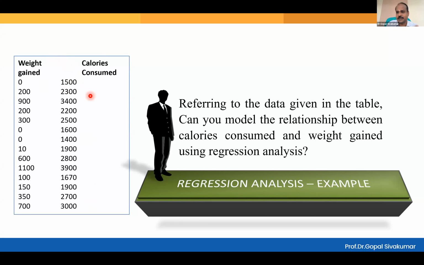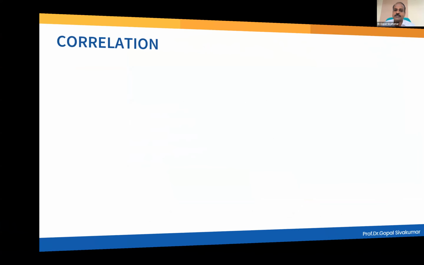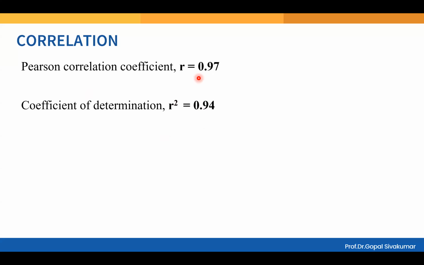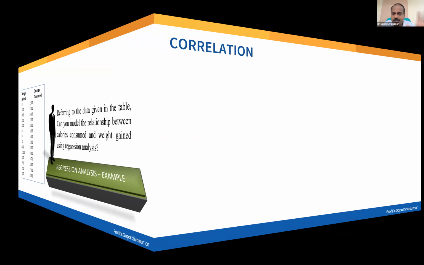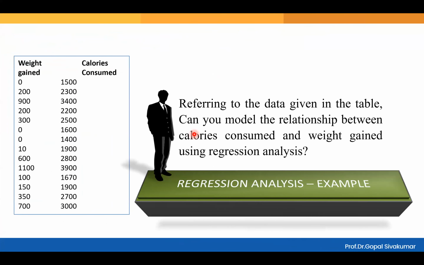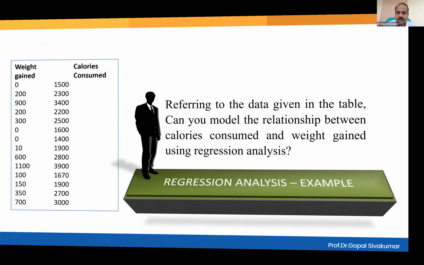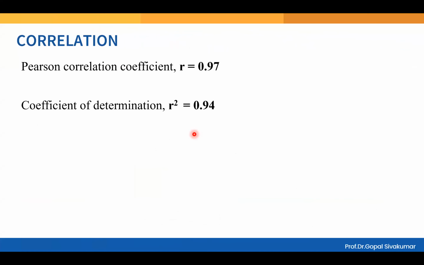Only the calories is fluctuating. And that is now appearing in the form of R square. So R square is the single factor that is responsible for the variation in the y variable as per this particular data. How many of you understand this? All of you understand this? So the influence of the X factor is 94%.